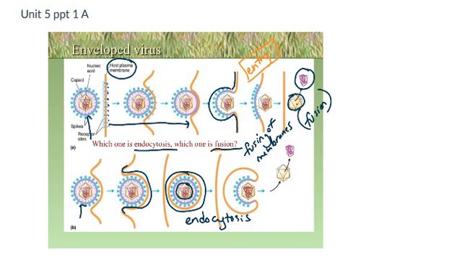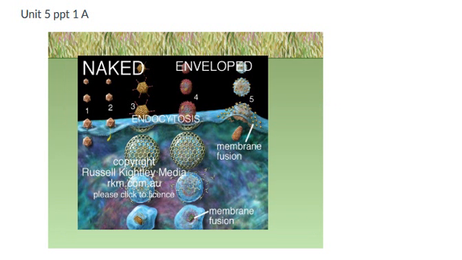At some point, again, the proteolytic enzymes are going to work to help release the genetic material into the host. So please remember, fusion implies that the two membranes fuse themselves together, like you can see in this picture, and endocytosis is an invagination where nothing fuses together, but in fact the virus particle invaginates and actually picks up the membrane of the host.